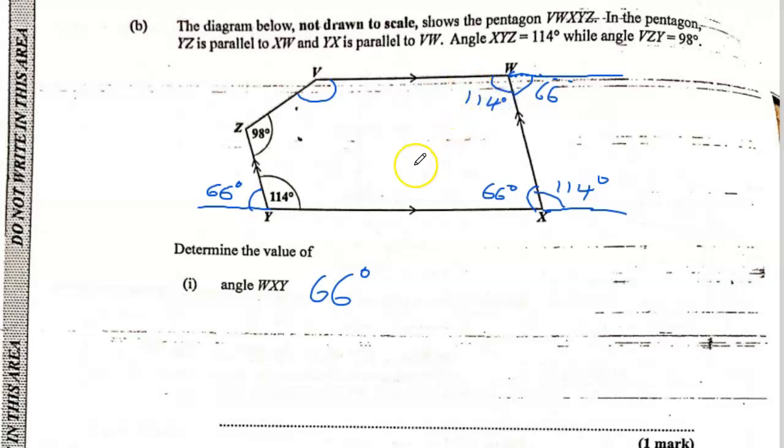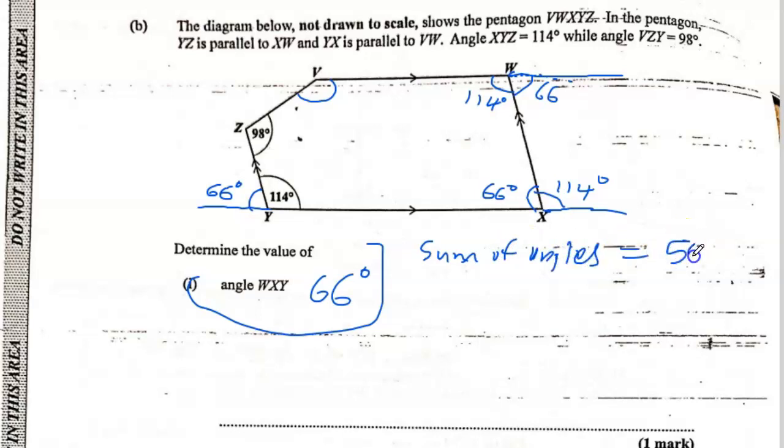Now, what we have is a five-sided shape, it's a pentagon. The sum of angles in a pentagon is 540 degrees. To get the 540, there's a formula: 2n minus 4, times 90.